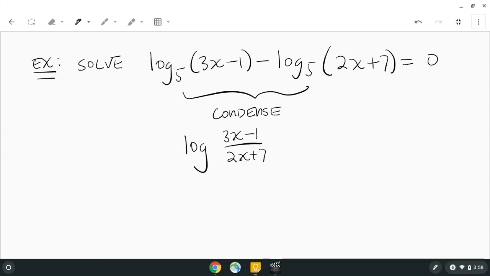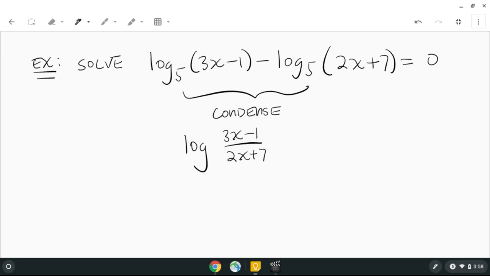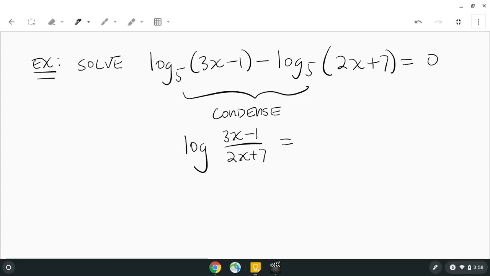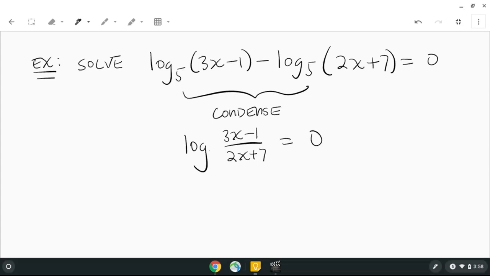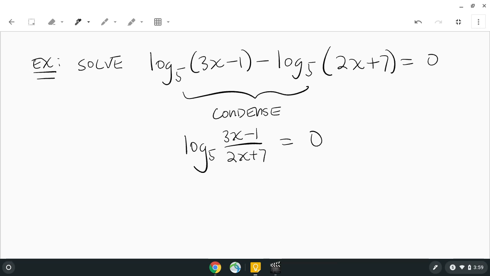Okay? So remember, addition, you have a product. Subtraction, you have a quotient. And I forgot my base. My base is 5. So I'm going to go ahead and base both sides using 5.